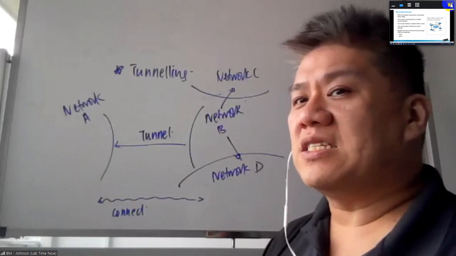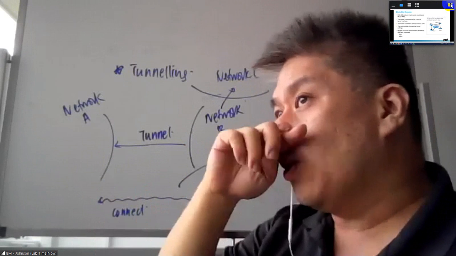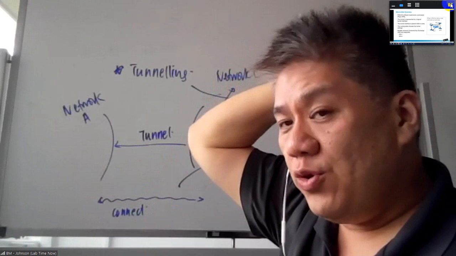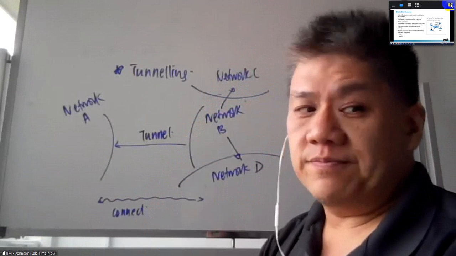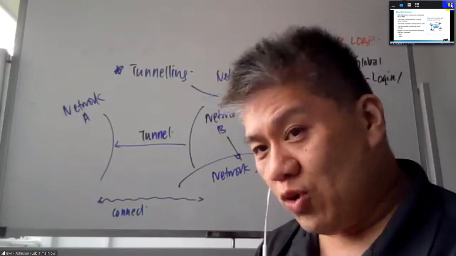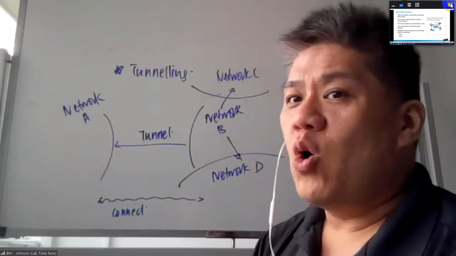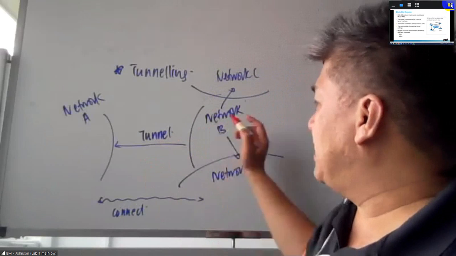Then my student asked me, Johnson, why do this? So I asked the student, you have to know what kind of security mechanism you're keen on. Remember, you have to do identification, authentication, and authorization. Who is doing the thing?